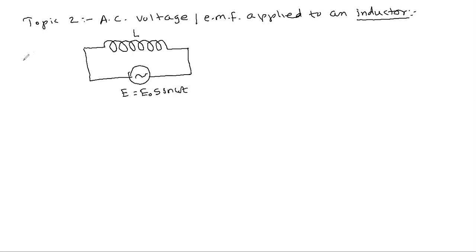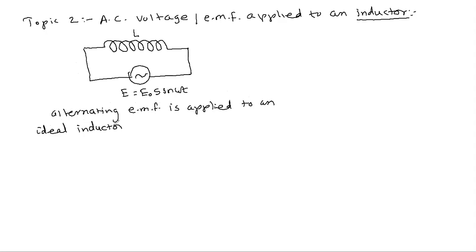So in this figure, the ideal inductor L is connected to an alternating EMF, or you can say the alternating EMF is applied to an ideal inductor of inductance L, as shown in the above figure.